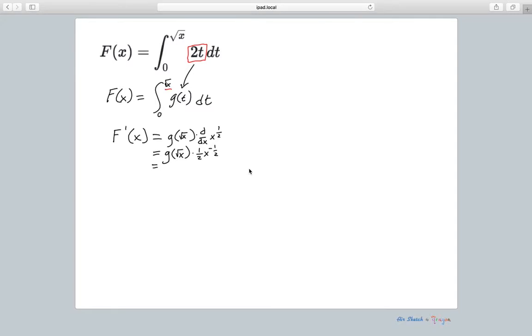And that's going to get me 2 root x times, now I'm going to simplify that 1/2 x to the negative 1/2. That's really times 1 over 2 root x. And so this one's kind of clever because these things cancel and I'm just left with 1.